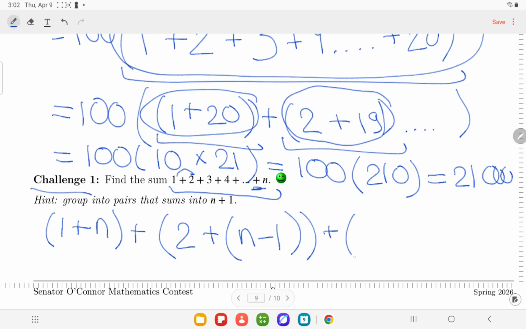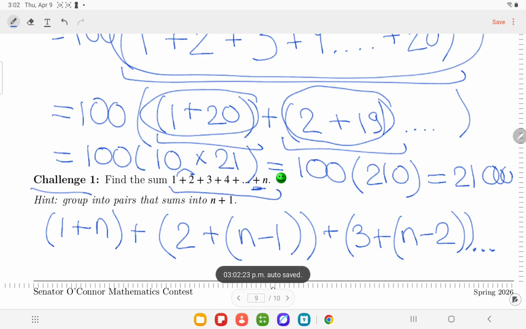And then we would have 3 plus, now it's n minus 2. And we would keep going until we hit all of our pairs. So we know that every single one of these pairs, each of these brackets, is going to equal 1 plus n, right?